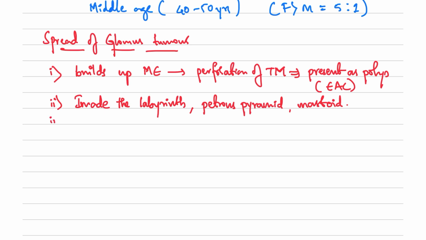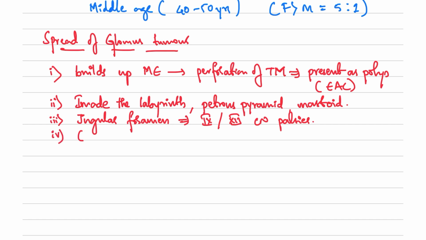As I just told you, the variety glomus jugulare may invade through the jugular foramen leading to the 9th and 12th cranial palsies. It might also spread through the eustachian tube and present in the nasopharynx.